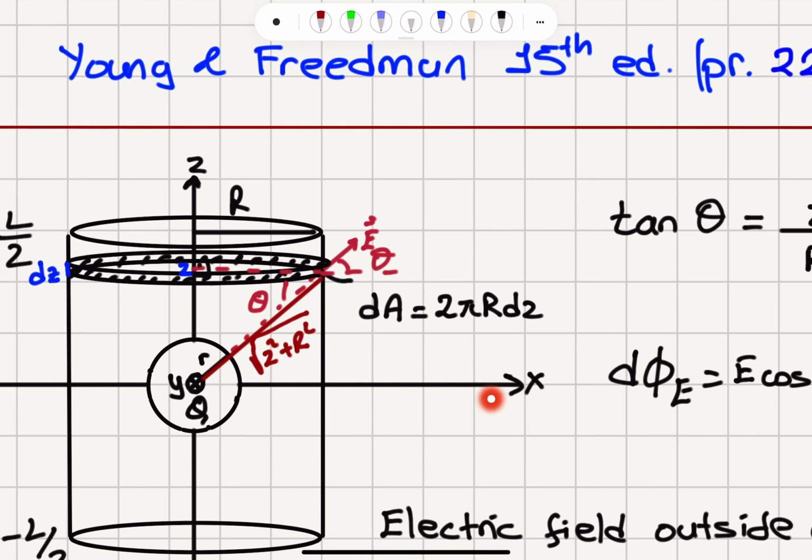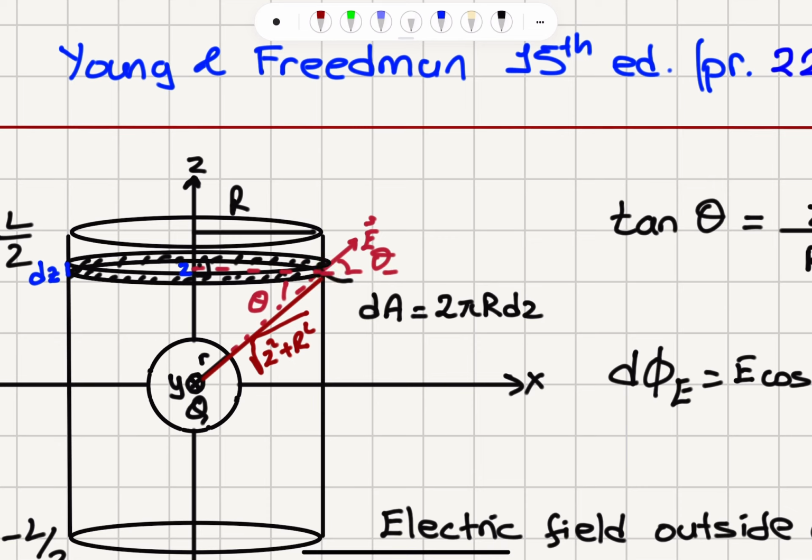So this is the x-axis, this is the y-axis going into the page, and the z-axis is the vertical axis. And at a location z on the z-axis, we have an area element 2πR dz. And the electric field at that point has a component E cosine θ, which is parallel to the area vector, which is the radially outward vector.